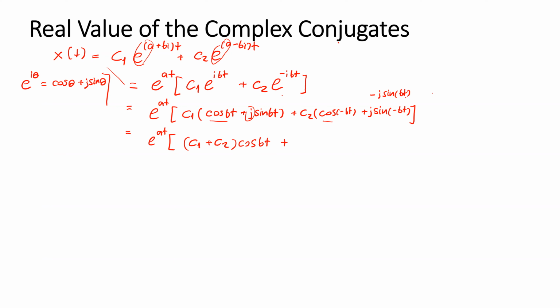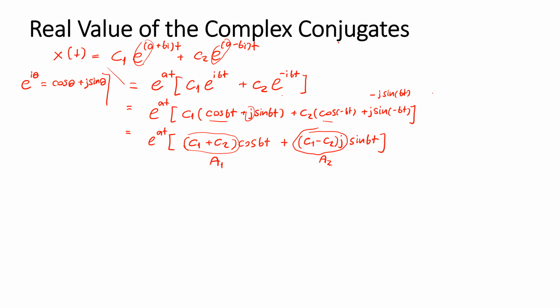So the second term may be C1 minus C2 multiplied by J of sine bt. Maybe this one is going to be one constant A1. This one is a complex value, but maybe a constant A2.